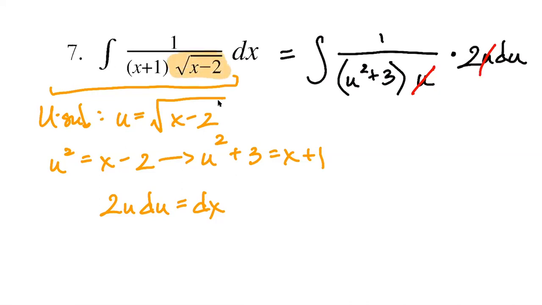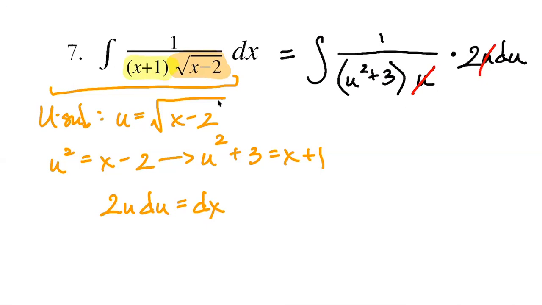And then I used one of the strategies that we talked about in class today, where you can algebraically solve for x. In this case, I was able to square both sides, so I got u squared equals x minus 2. Then I know that I wanted to match it with x plus 1.